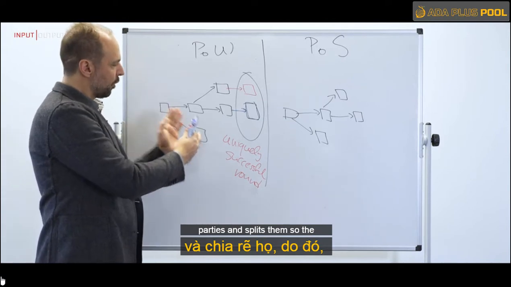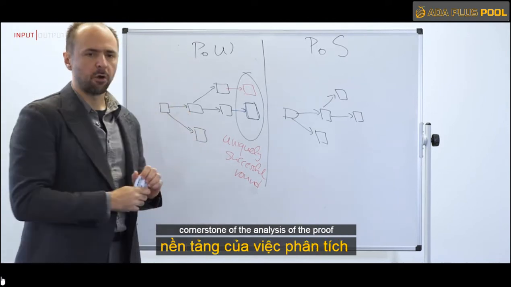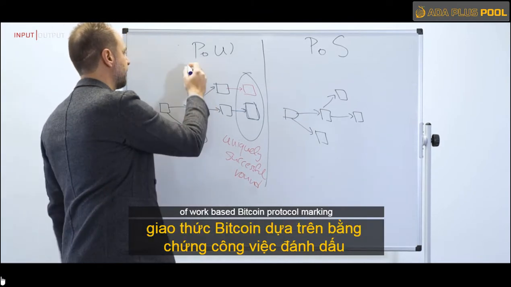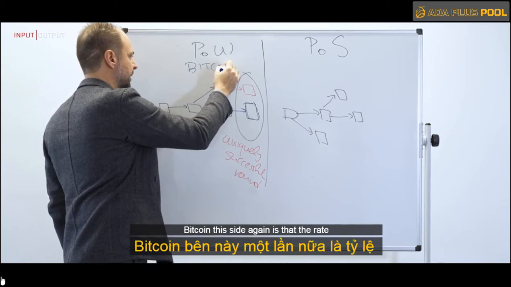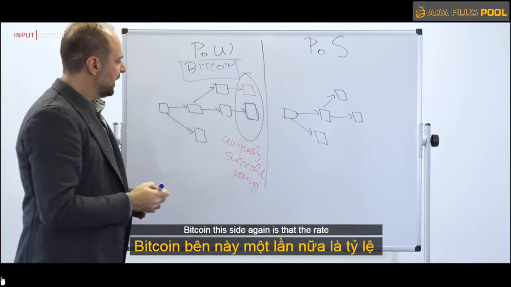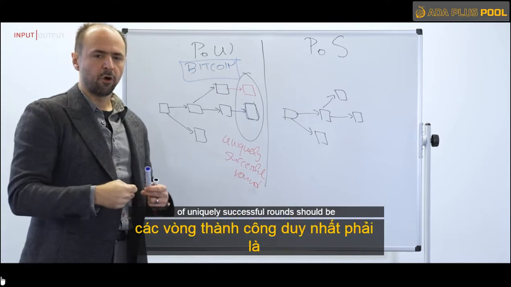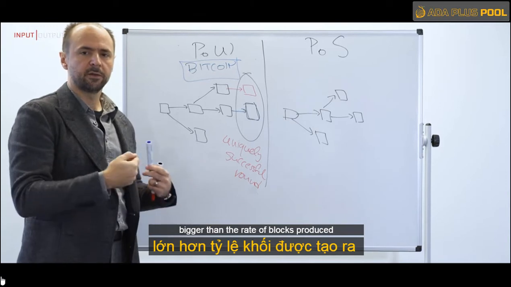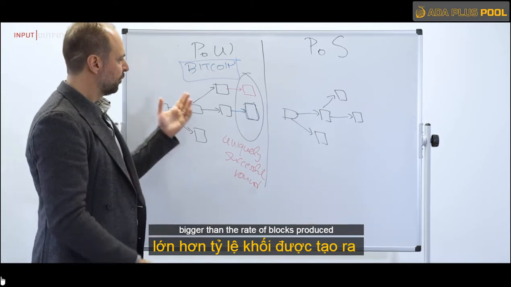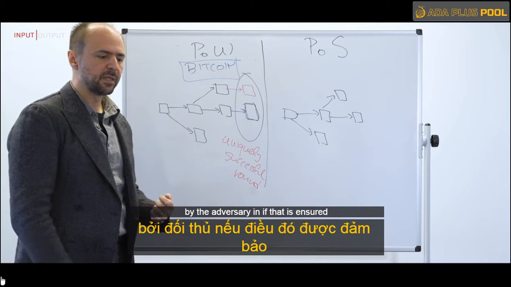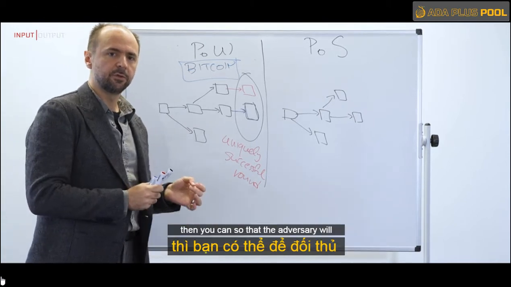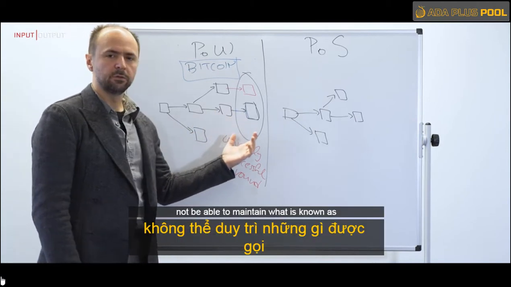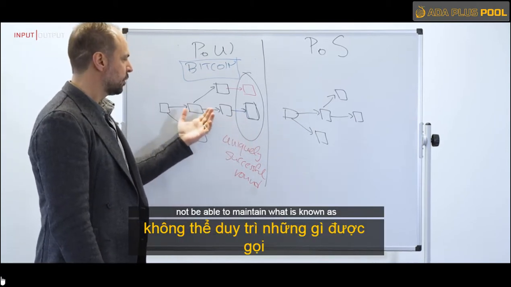So the cornerstone of the analysis of the proof of work based Bitcoin protocol, marking Bitcoin on this side again, is that the rate of uniquely successful rounds should be bigger than the rate of blocks produced by the adversary. And if that is ensured, then you can show that the adversary will not be able to maintain what is known as a fork.